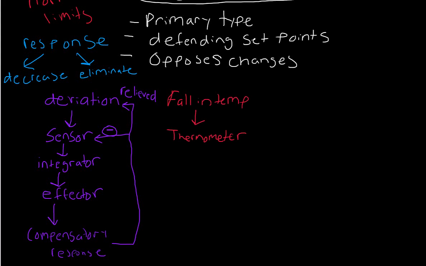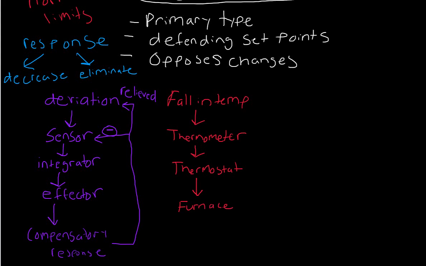And the thermometer acts like the sensor in this situation. And it will send that information to a thermostat. And the thermostat will integrate this information and send it to the furnace. Because the whole point is to rewarm the room back to the original temperature since it's too cold.